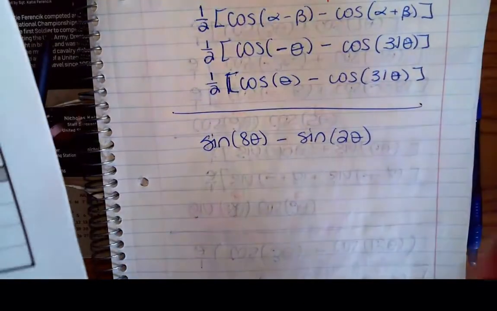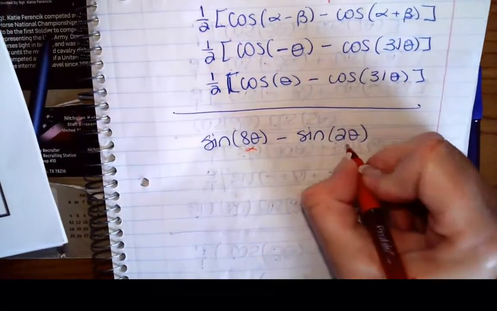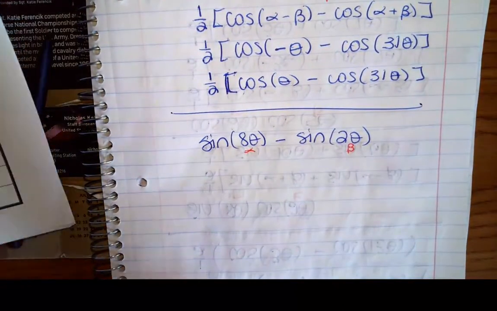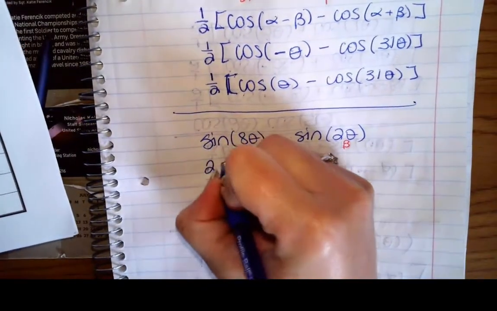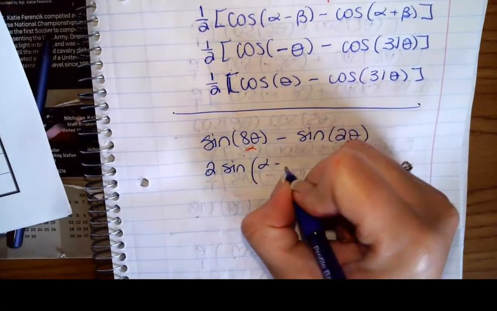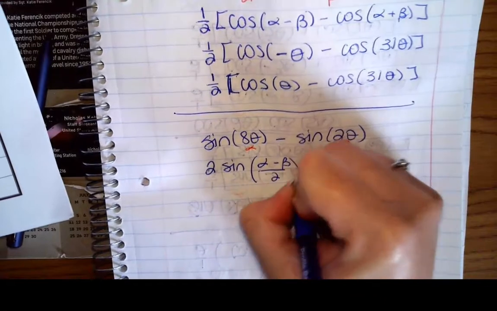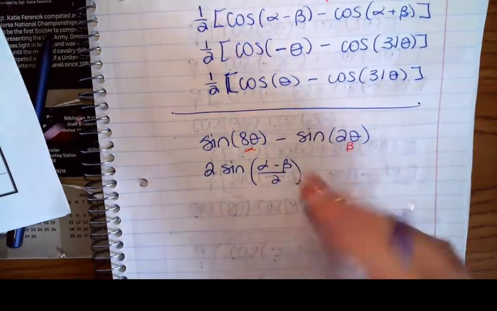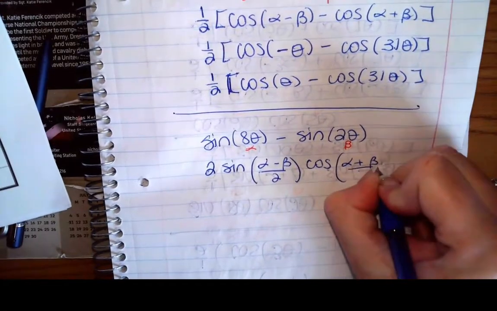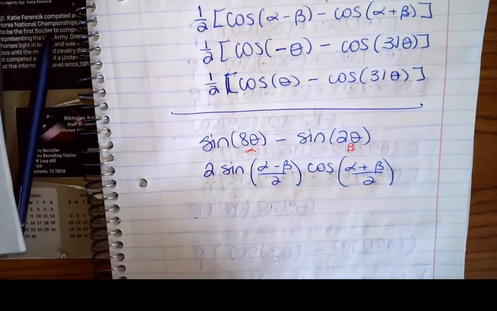So with my alpha and my beta, I'm going to apply it into 2 times sine of alpha minus beta over 2, and then cosine of alpha plus beta over 2.